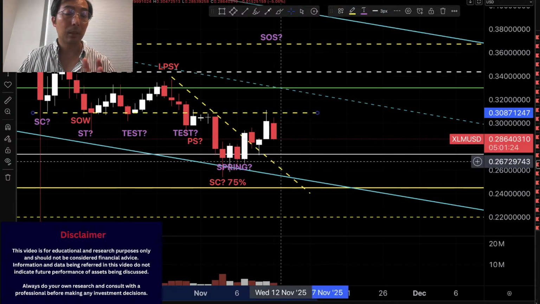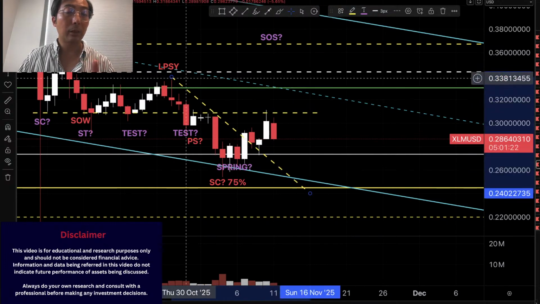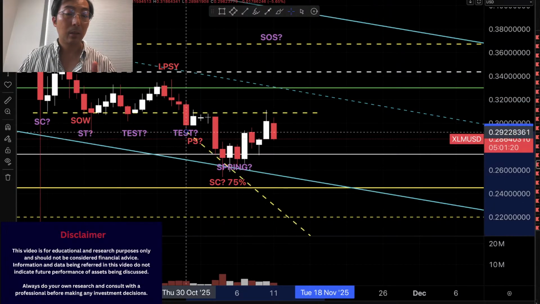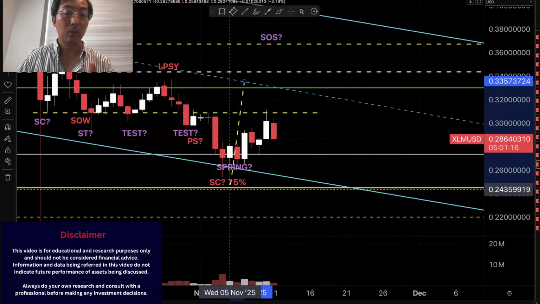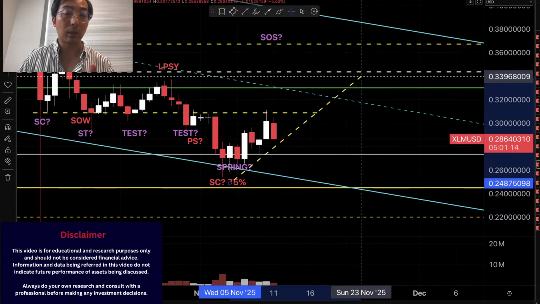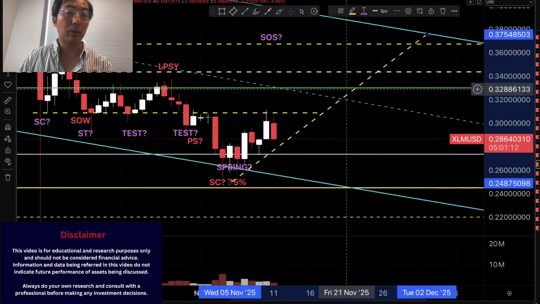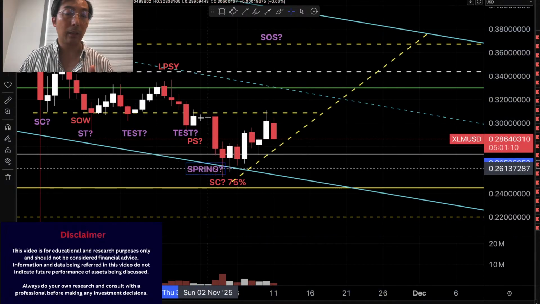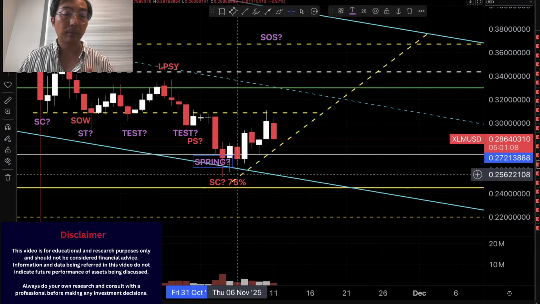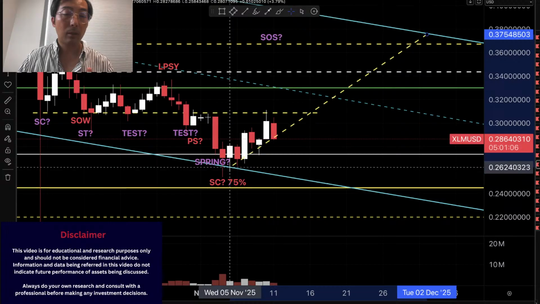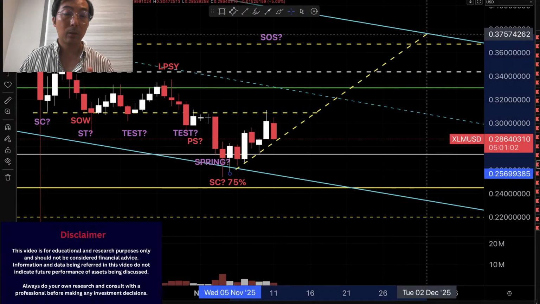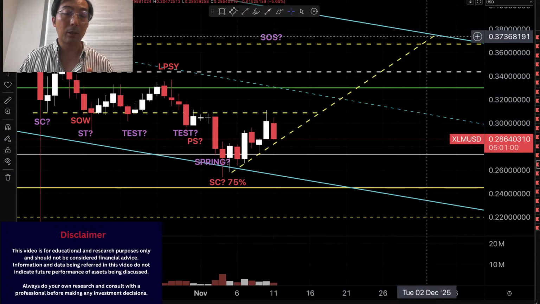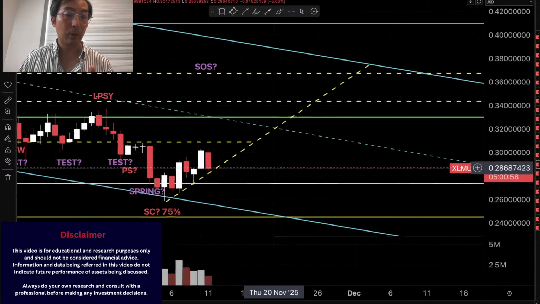If this is the case, now that we don't need this resistance, instead I'll turn it into an uptrend support line so we can visualize what's actually going on. Even with the decline or drop of today, this is the uptrend support line now. So the current price is actually staying above this support line.